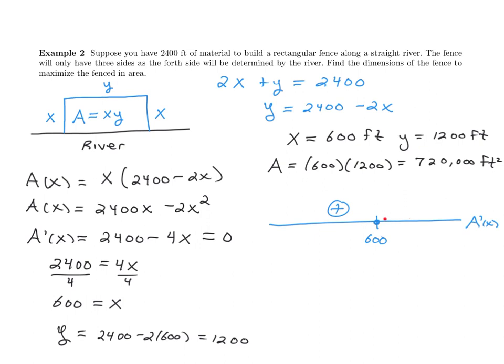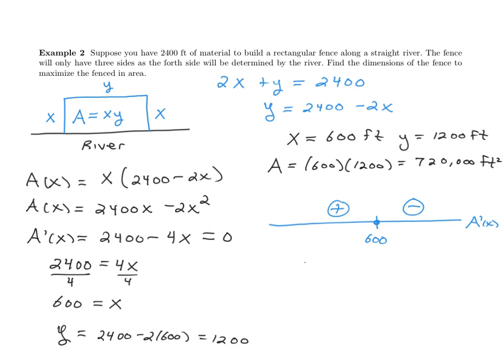If you put in a number that's greater than 600, like 1,000, and you put that number here, that's going to be 2400 minus 4,000. That's certainly a negative number. So it's negative on this side. What does this all mean?